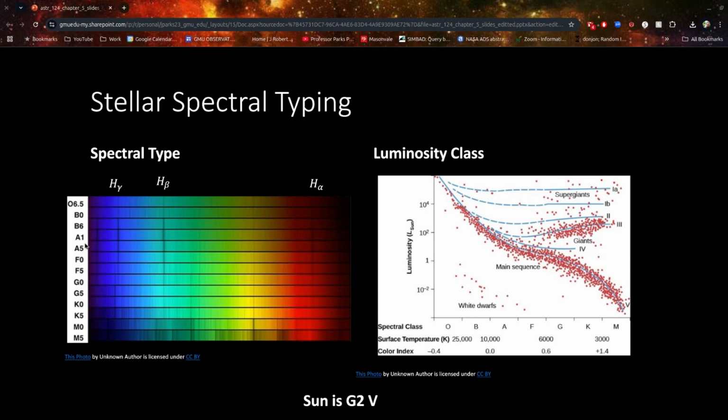The smaller the number, the hotter the object within that class. So a G2 star would fall somewhere around here, around 5,800 Kelvin. That means the sun is approximately here on this diagram, known as the Hertzsprung-Russell diagram, and is on the main sequence.